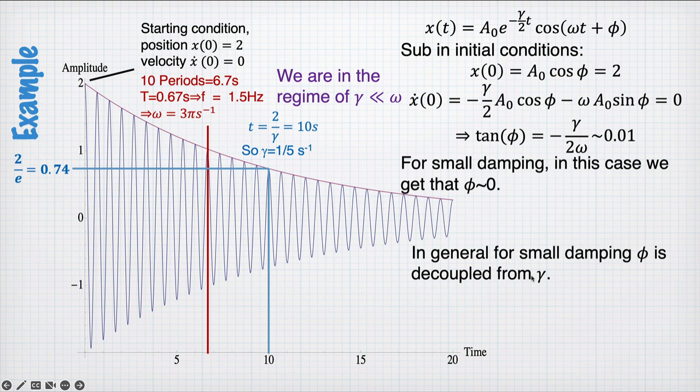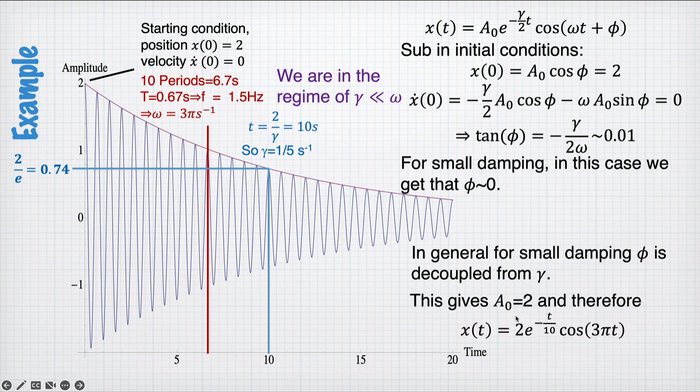That's a bit of a detail, we don't need to worry about it too much. Okay, net result then, however, is that in our case here, we have A0 is roughly 2, using this approximation here, and so finally we reach the conclusion that our damped system here is well modelled by this equation here.